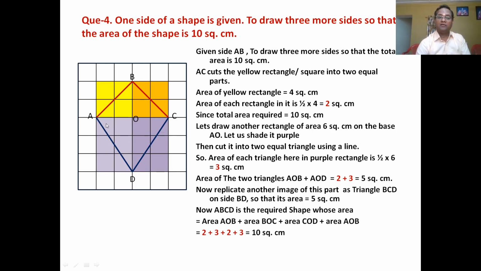So first I will draw A, O, B and say this is a point X here. So a rectangle is completed. I divide the rectangle into two equal parts using a diagonal. So area of triangle AOD becomes half of 6, that is 3 square centimeters. So this was 2 square centimeters, this is 3 square centimeters, total making 5.